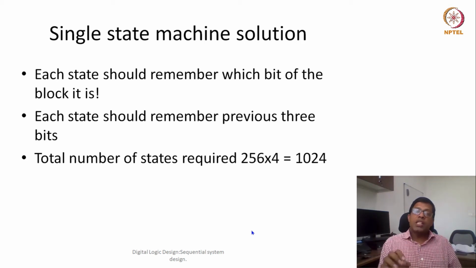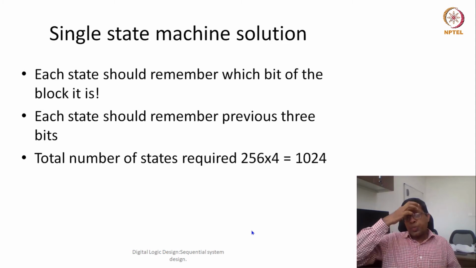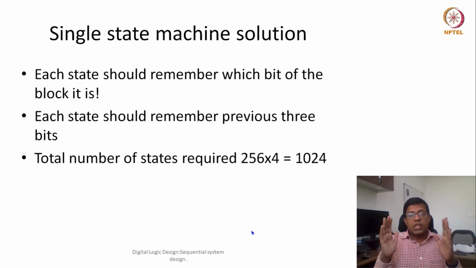So each state would remember how many bits of the pattern it has matched and which particular bit it is. So the total number of states is going to be 1024. You can also look at this and try to see the complexity of the state machine. How many edges would be there, and whoever designs this particular problem, it won't be possible using paper and pen.